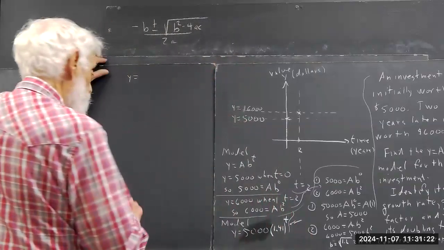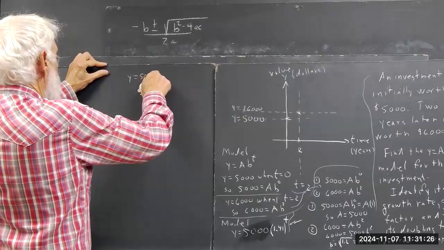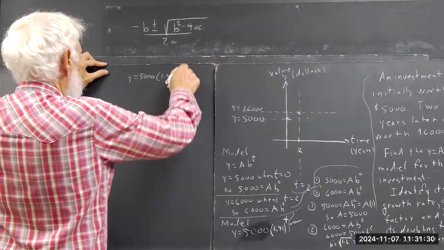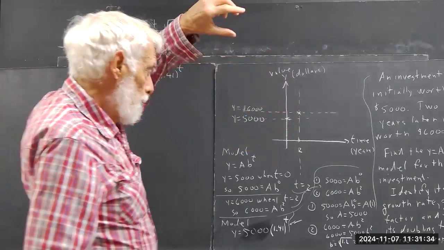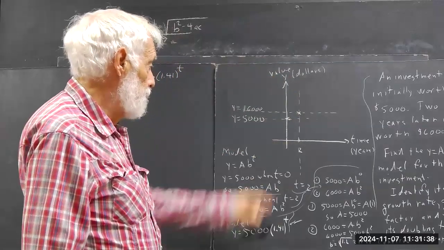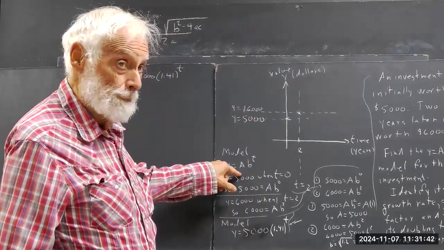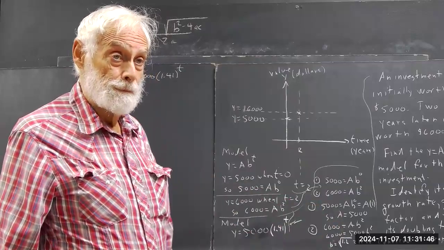That's raised to the T. So your model is Y equals 5,000 times 1.41 to the T. Pretty easily found if you think. Draw the graph, take the coordinates of each point, put them into this form, and then solve the simultaneous equations.